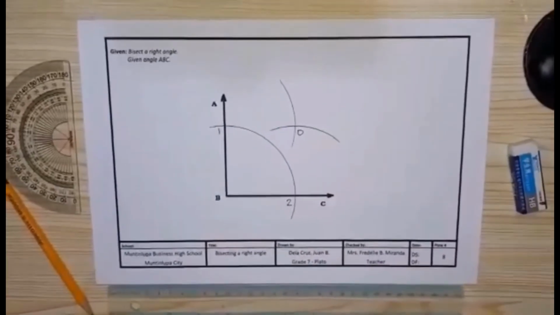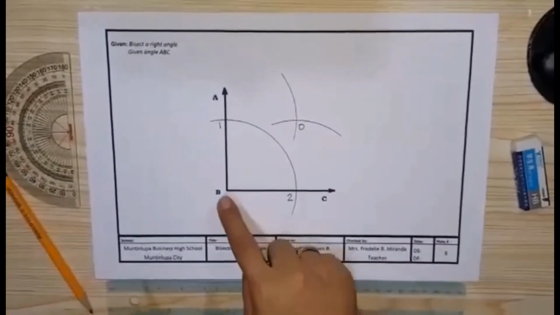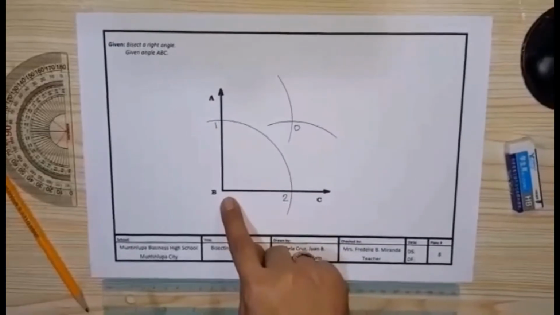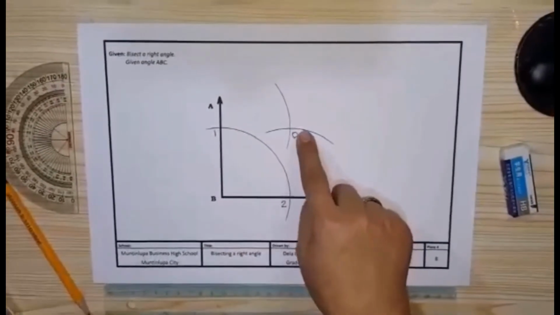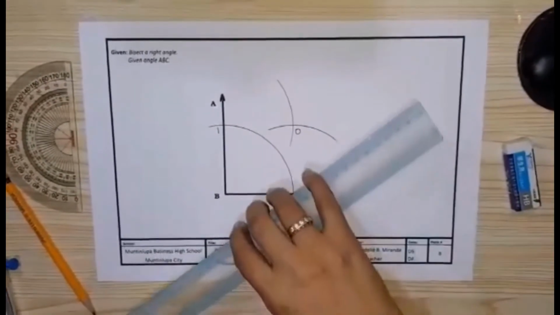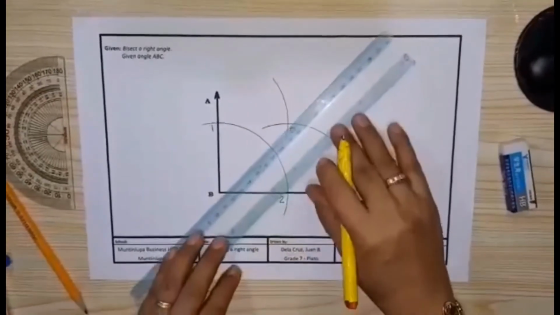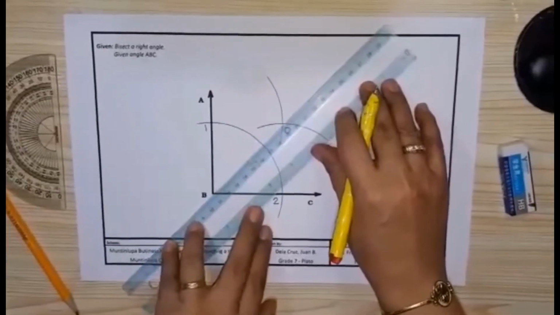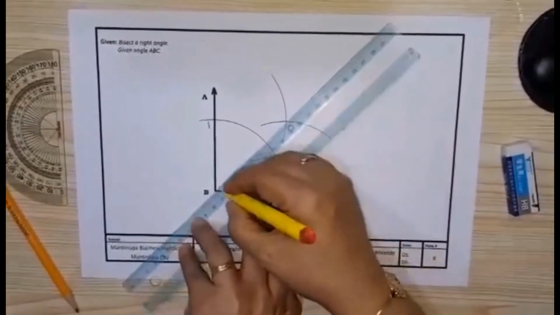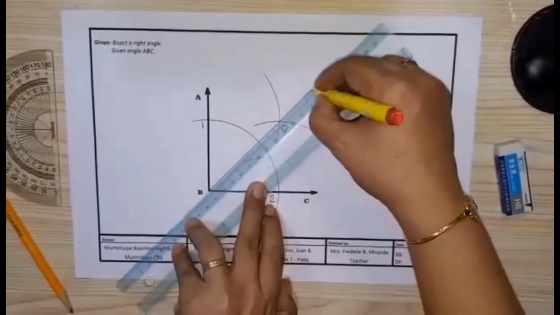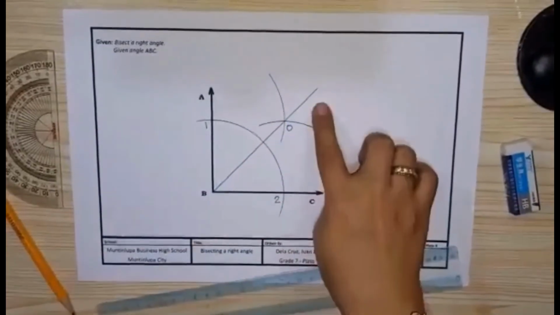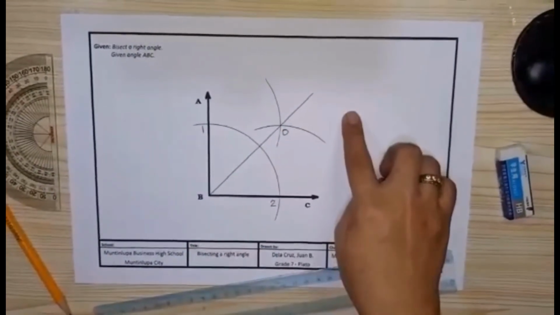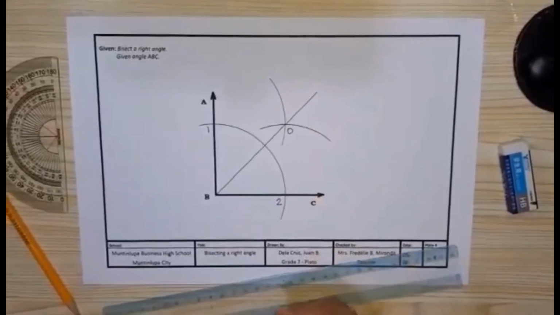Step number 3. Connect the vertex of an angle B to point O. Using your foot rule, connect point B to point O. We have the line bisector. That is exactly the half of the angle.